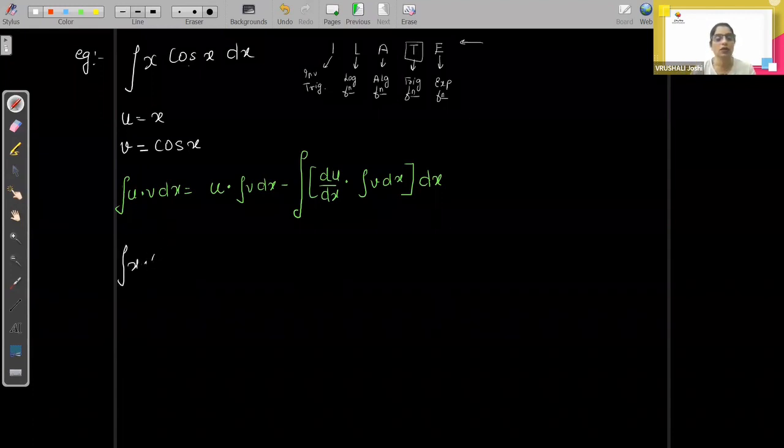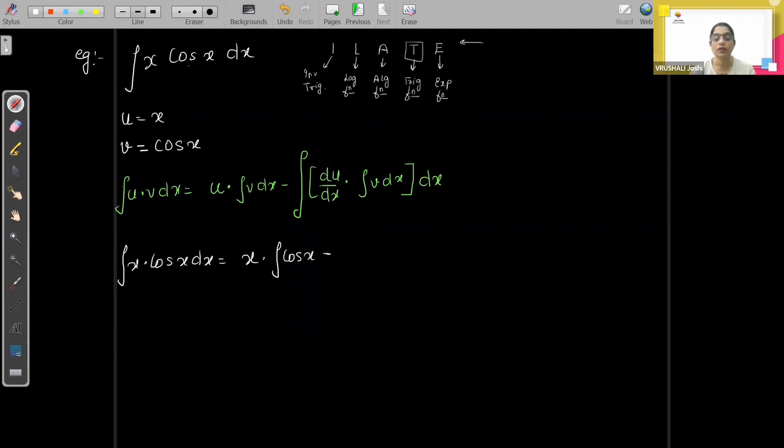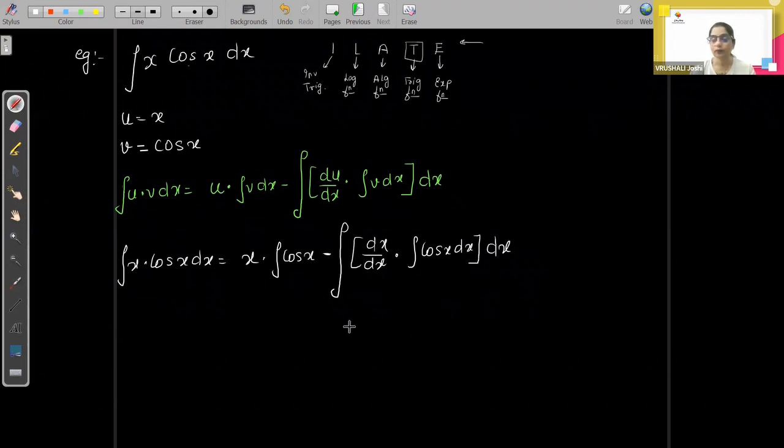So we have x into cos x. x into cos x, first function as it is, into integration of the second function, minus the whole integration of derivative of the first function into integration of the second function, the whole dx. Perfect.